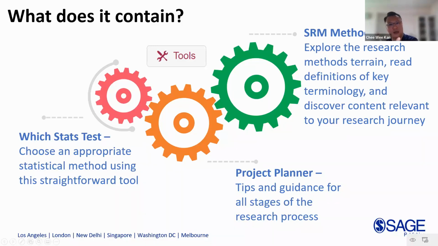So the tool itself will give you a few multiple choice questions, and through your answers, it will give a recommendation on the suggested methods for your data. So you can test it out later on. But like I said, today my main focus is on the Methods Map and the Project Planner.